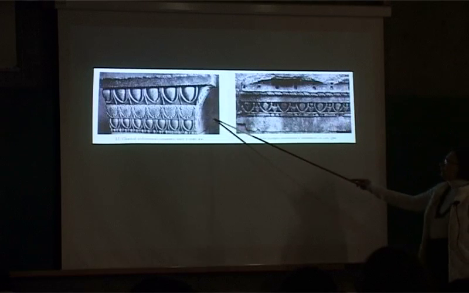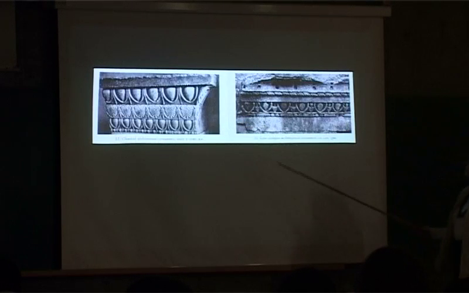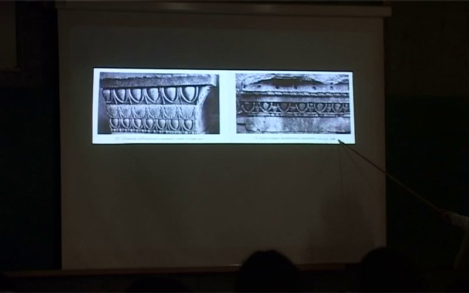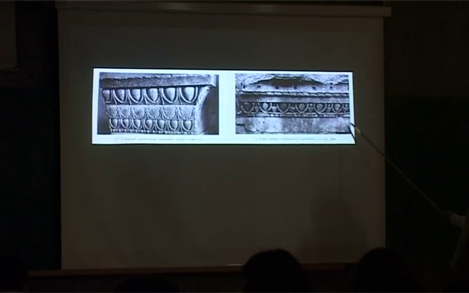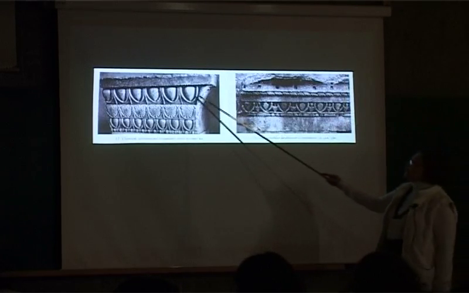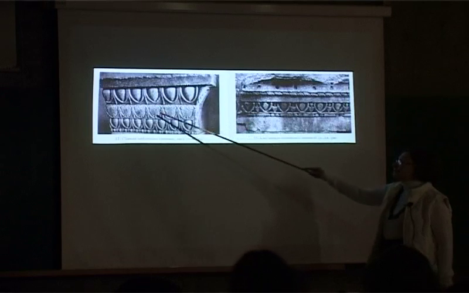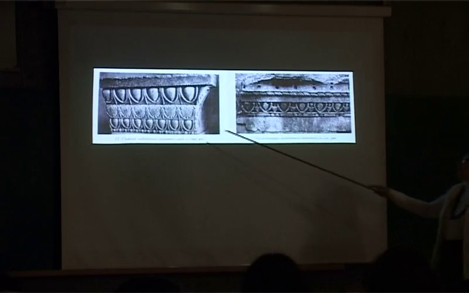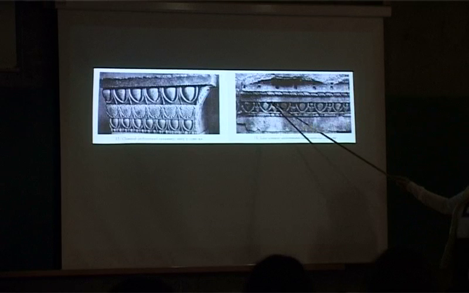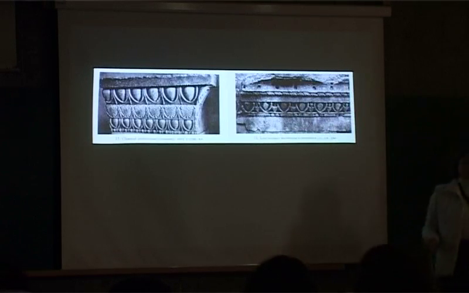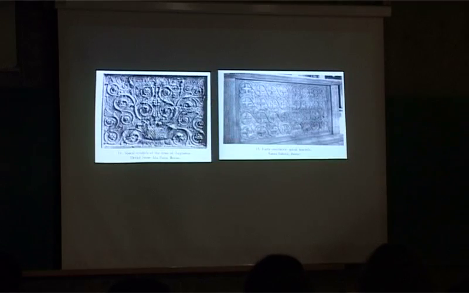When you compare the classical molding with the late antique molding here, you can see that the more fleshy, volumetric rendering is reduced to a flatter and more linear rendering of the very same motif.